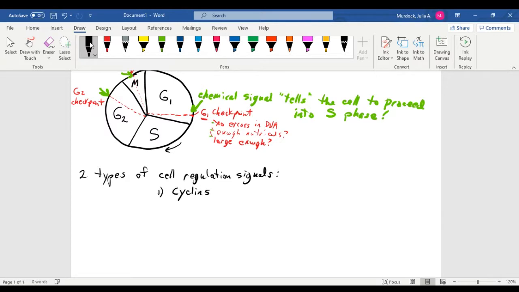There are cyclins, and I'll indicate those with green circles. Let's say that that is a cyclin. We're talking about a molecule here, so it's not like a bouncing green ball. It's a molecule, but I'm going to represent it that way. The other type is called a cyclin-dependent kinase.